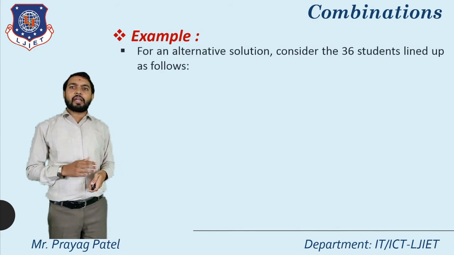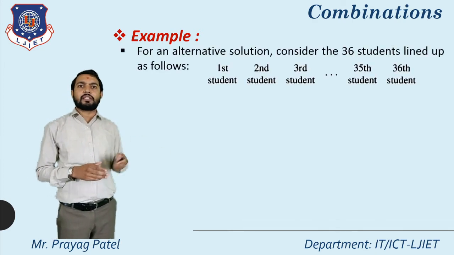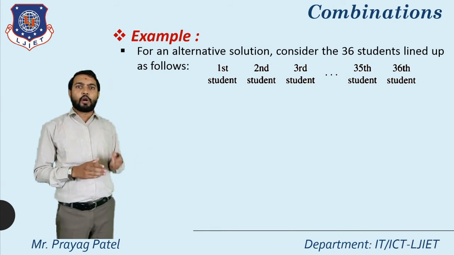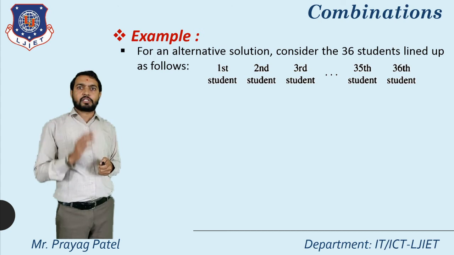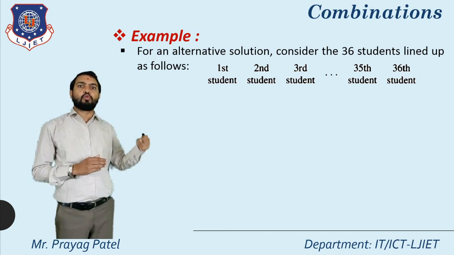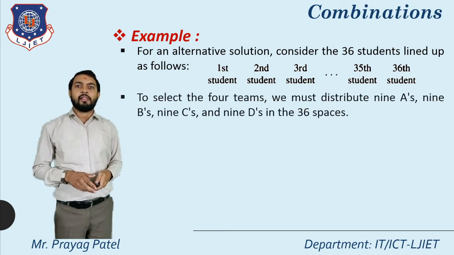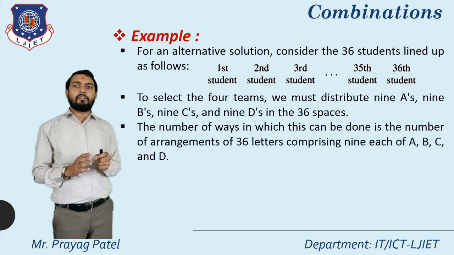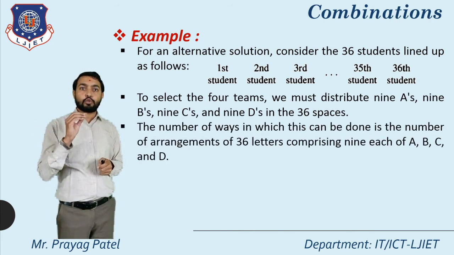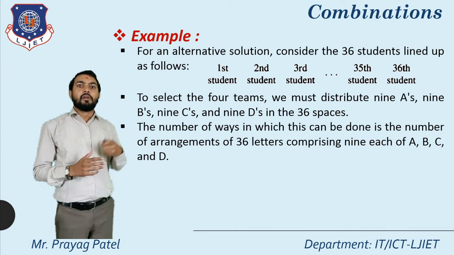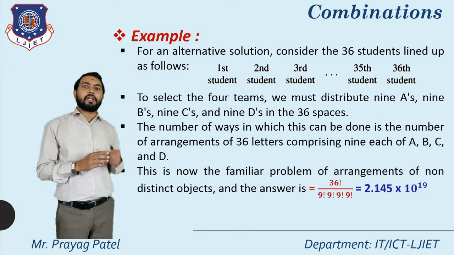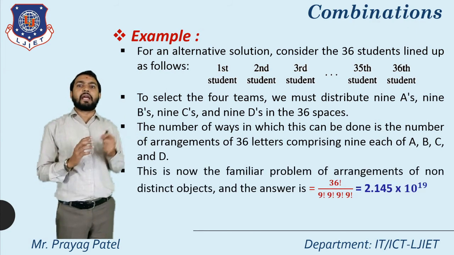Now, in another way, we can consider this team as a combination of 9 students from the available 36 students. So the choice is like this: first student, then second student, then third student, up to the 36th student. Now we know each and every team has 9 students. So A is repeated 9 times, B repeated 9 times, C repeated 9 times, and D also repeated 9 times.